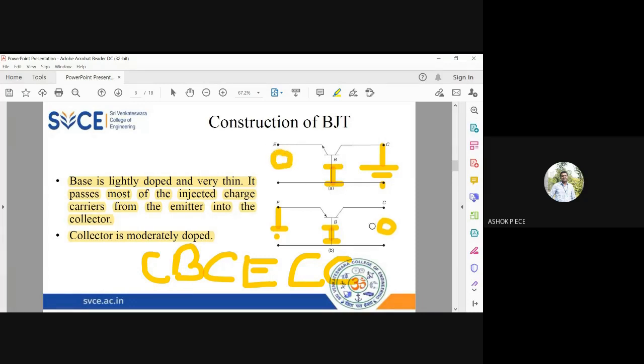Is it clear? So in these three configurations, one thing is very sure: collector can always act only as output, but emitter and base can act as input. Is that clear for everyone?